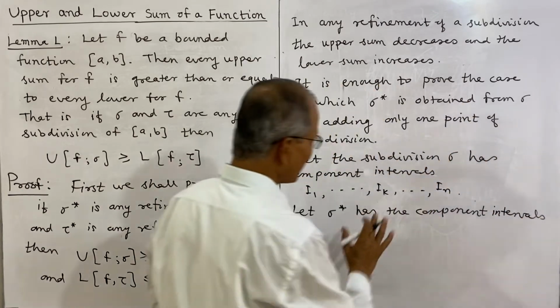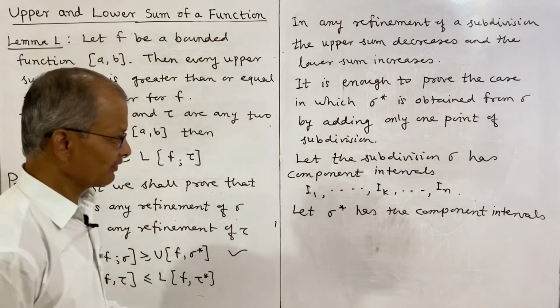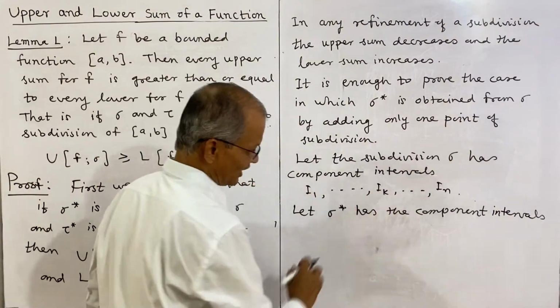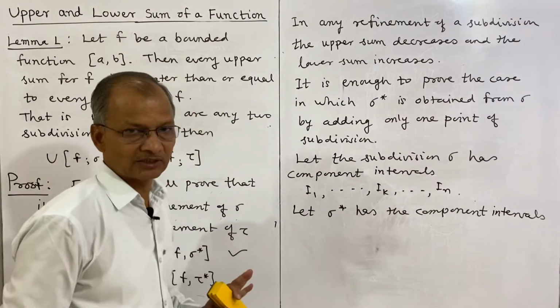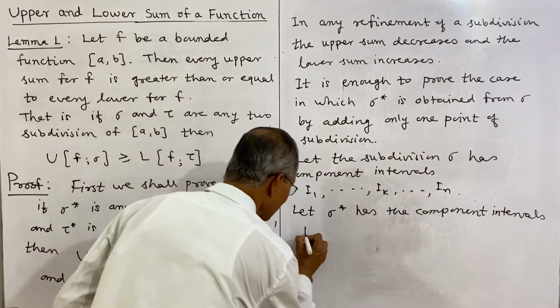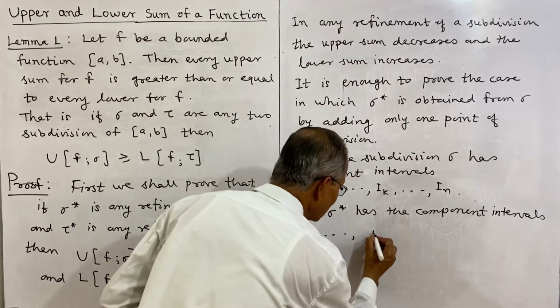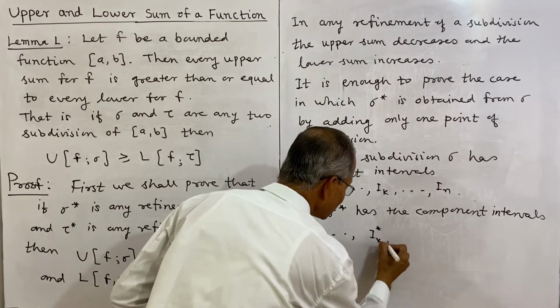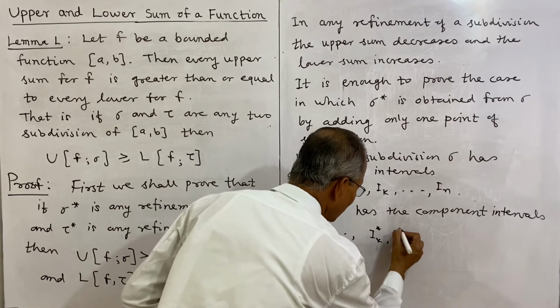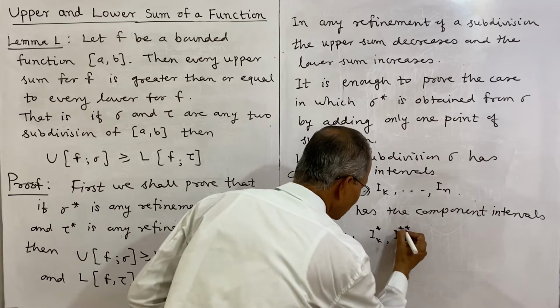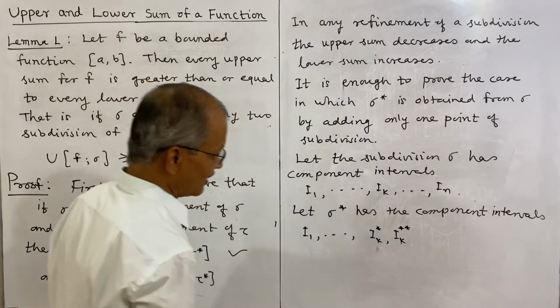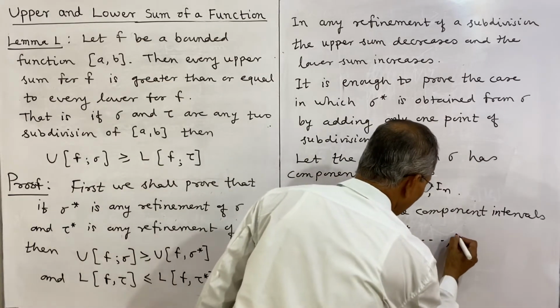We want to add only one point of division, and we divide Ik in two parts. The remaining components will be as they are, that is I1 will be as it is, and Ik is split in two parts, Ik star and Ik double star.